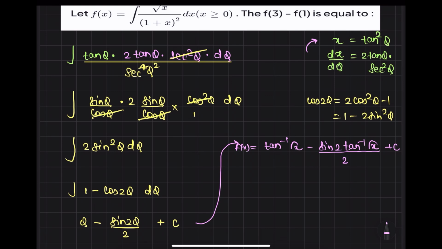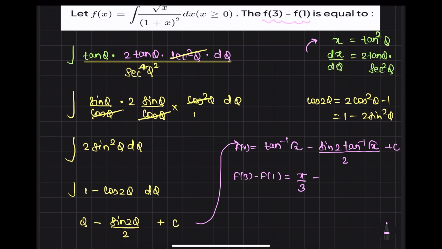So this is your f of x. Now what do you need? You need f of 3 minus f of 1. So replace x with 3. So tan inverse root 3, which is pi by 3, 60 degrees. Then 60 into 2 is 120 degrees.